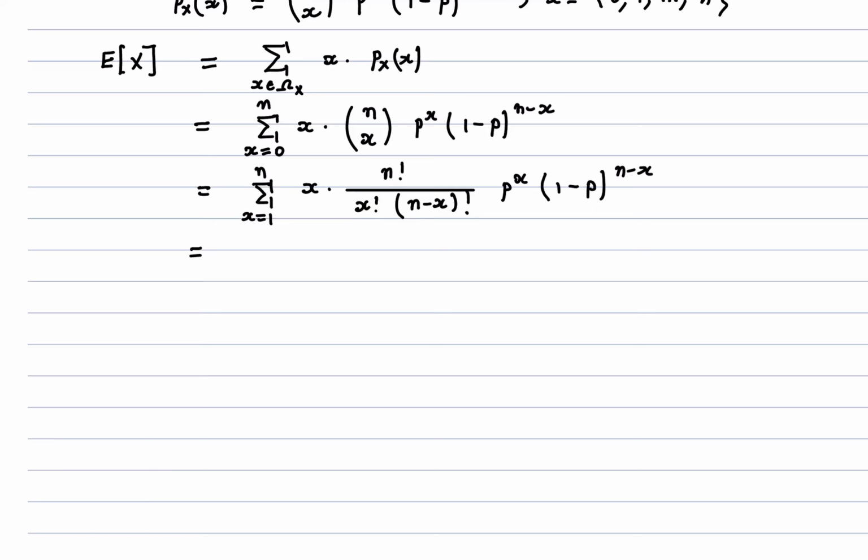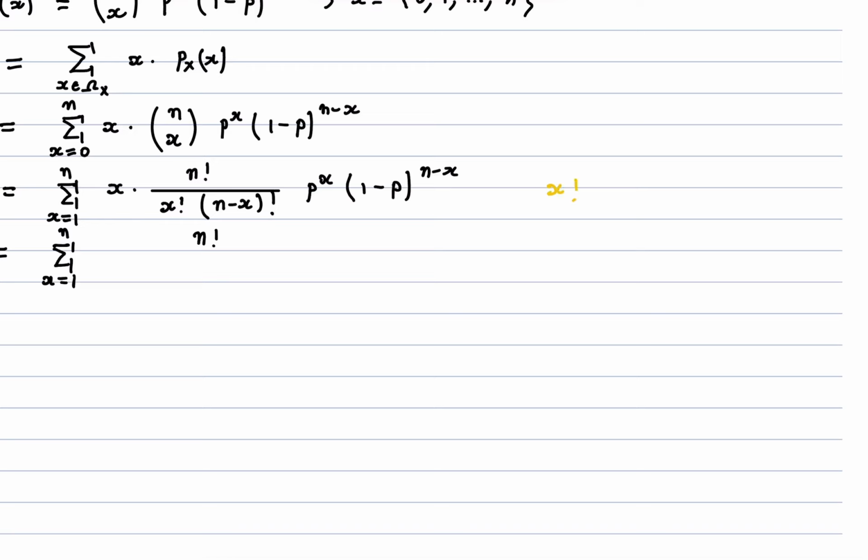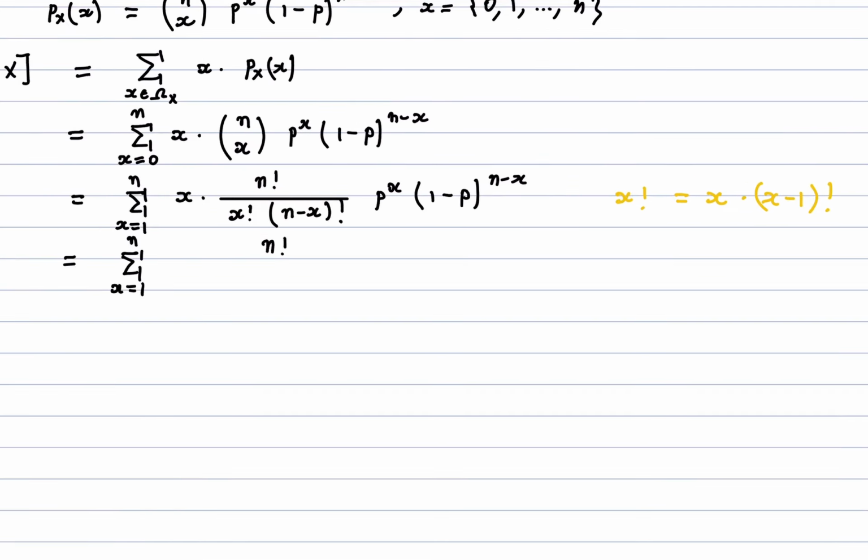Recall that x factorial can be written as x times x minus 1 factorial. So the x at the front can cancel with the first x in the denominator, leaving us with x minus 1 factorial.